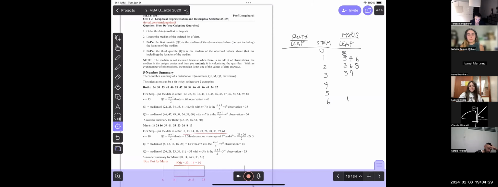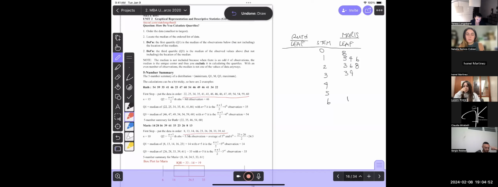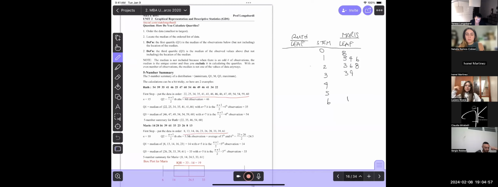And then over here on this side, we're going to put Ruth, but just like they ordered from the center this way, we're going to order from the center this way, or we're going to climb from the center out. So for Ruth, we put Ruth's numbers in order. So we're going to transcribe: 22, 25, 34, 35.